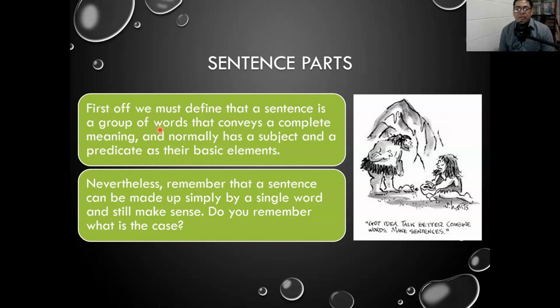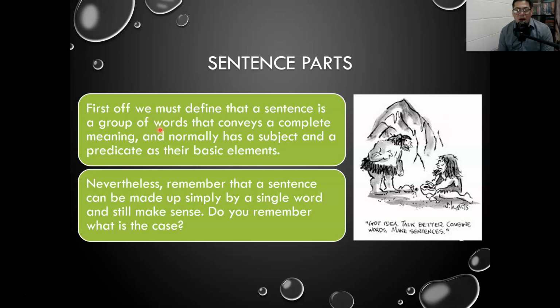A complete meaning may be something as simple as "I am sleepy" to something more complex like "I've been thinking about traveling overseas, but this situation with the pandemic does not allow me to do so." Both are complete ideas.